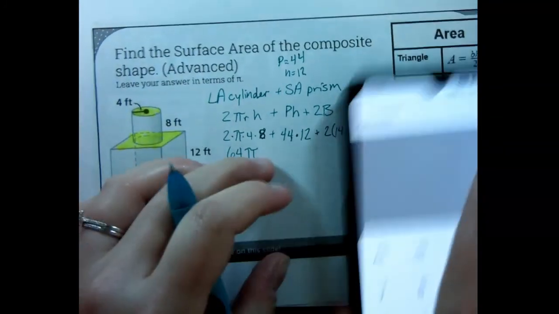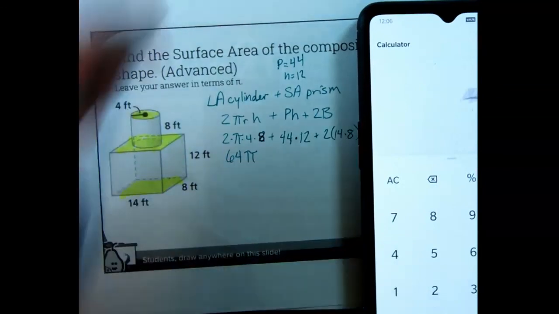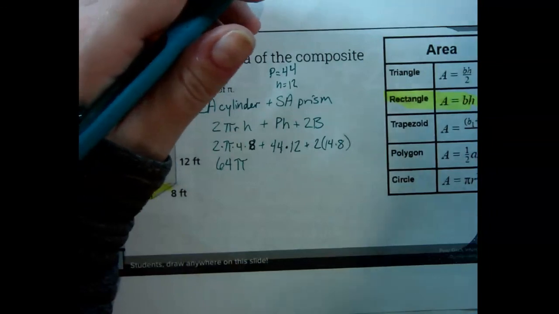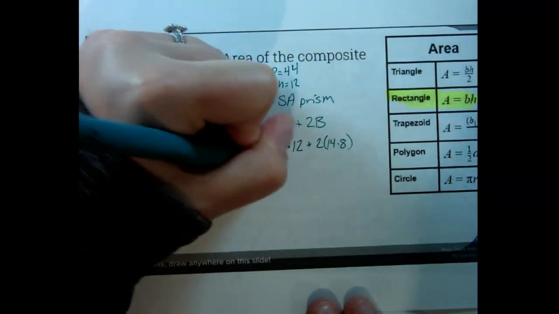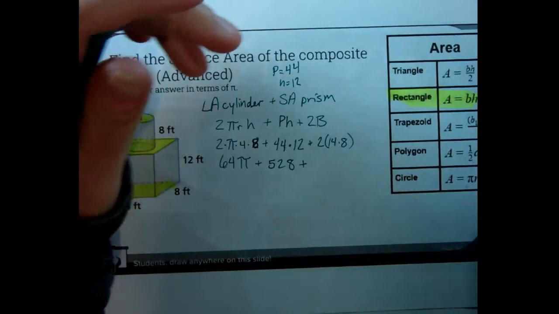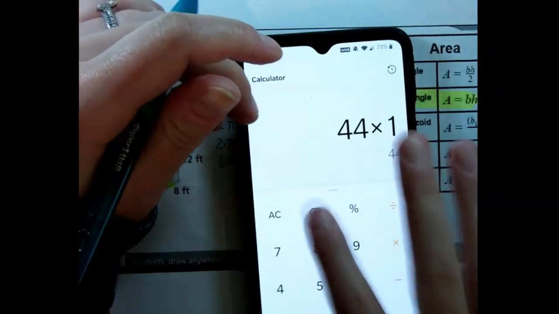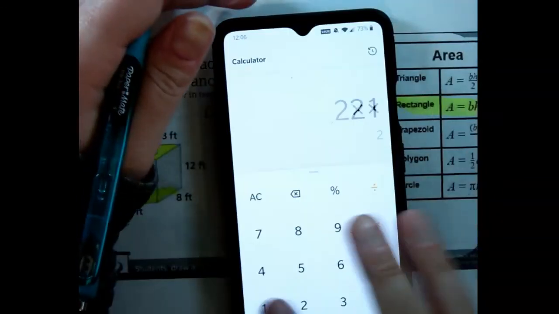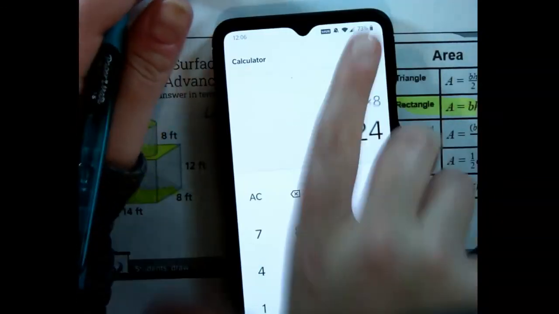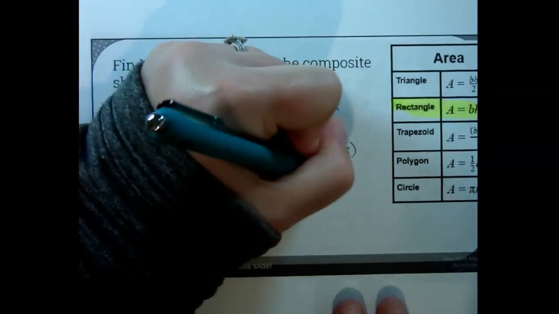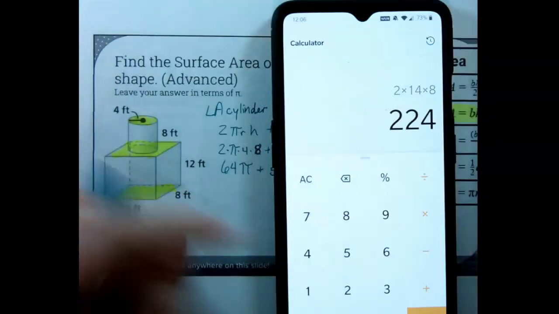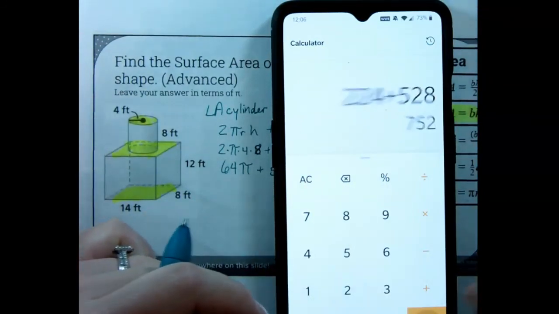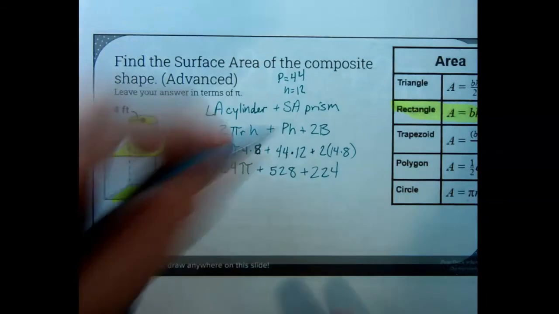Now let's do all this stuff. 44 times 12 is 528. And then 2 times 14 times 8 is 224. We can just add those two together. 224 plus 528 is going to give us this big old number, 752.